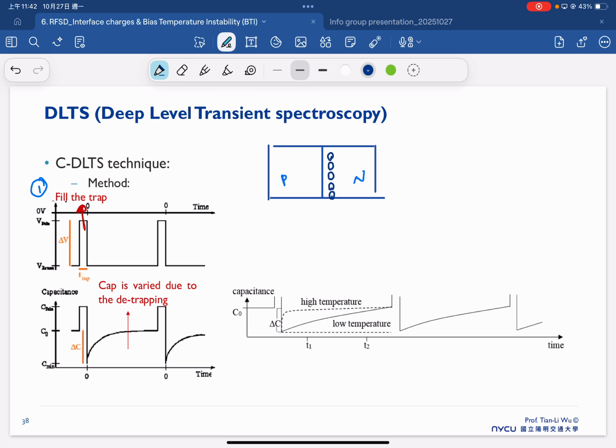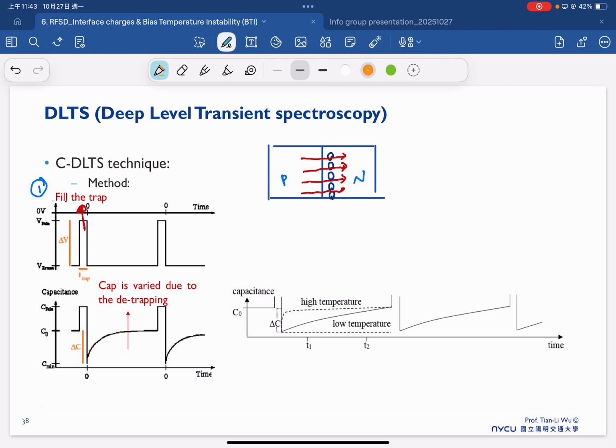The idea is very simple. First, we want a certain number of electrons captured by this defect. So we fill the trap. We give the bias, and electrons will start to flow and start being captured by this defect.